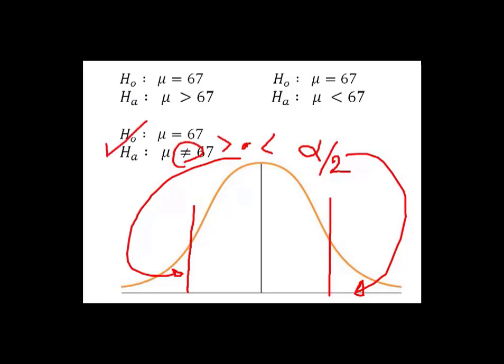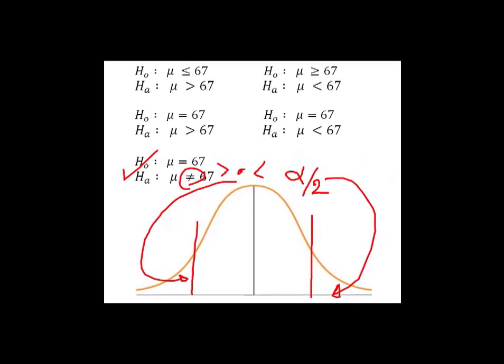So this pair of hypotheses is always a two-tailed test every single time. It's the only time you're going to have a two-tailed test, when your alternative hypothesis contains a not equal to sign. So that kind of clears that up.